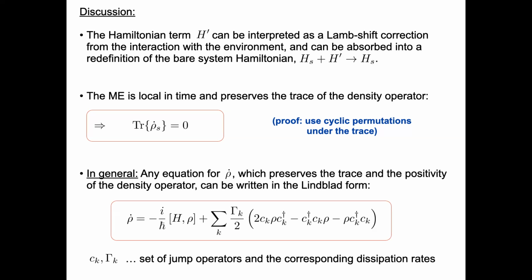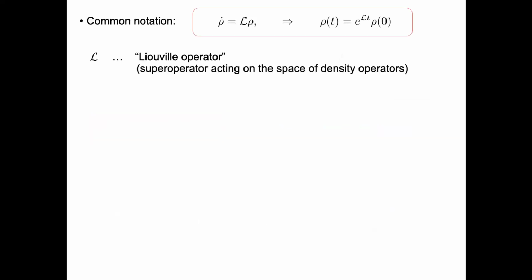So this is a linear equation. If I multiply rho by a factor of 2 or add rho 1 plus rho 2, the equation is linear. Even though it looks a little strange and complex, it's a linear equation: rho dot is some linear operator acting on rho.